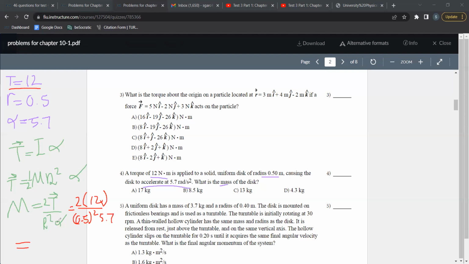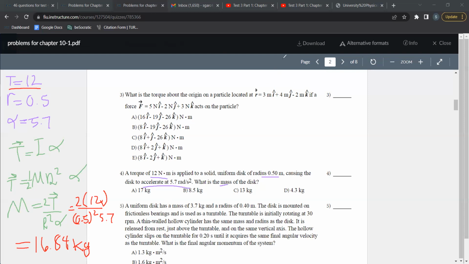And what does this equal once we put it all together? It comes up to about 16.84 kilograms. Oh wait, no, just kilograms. All right, so 16.84 kilograms.